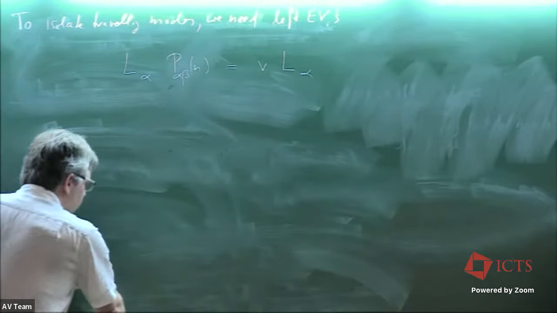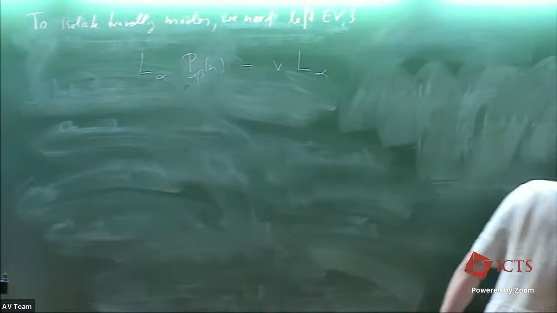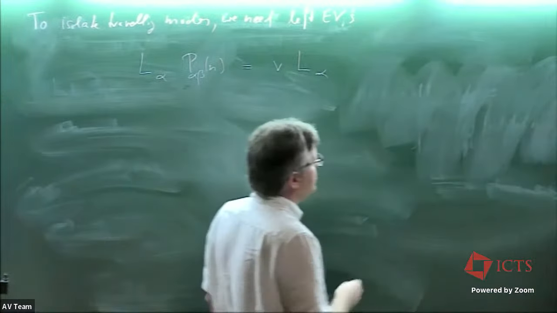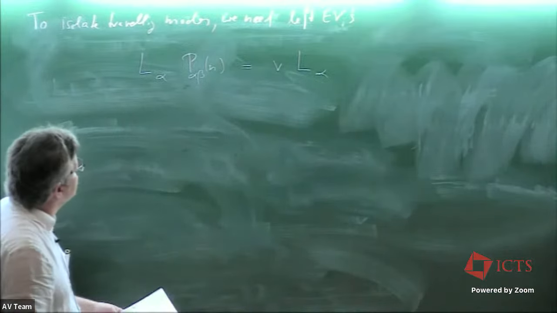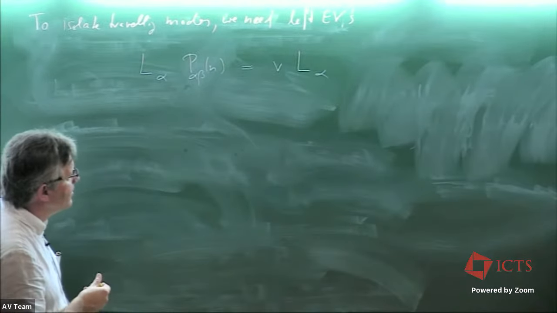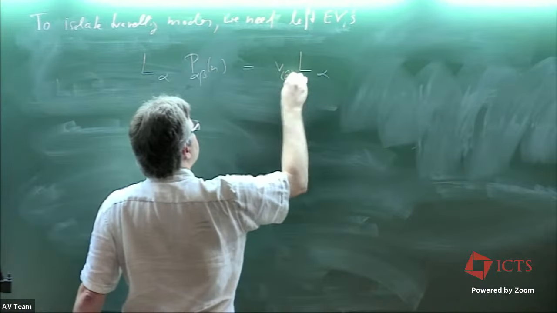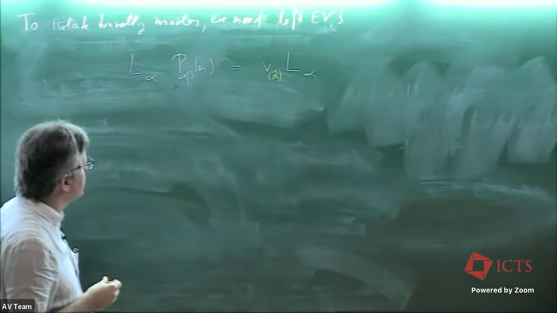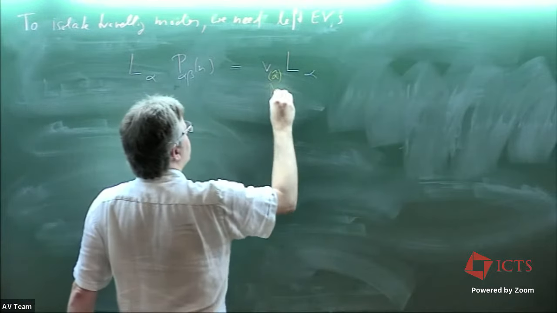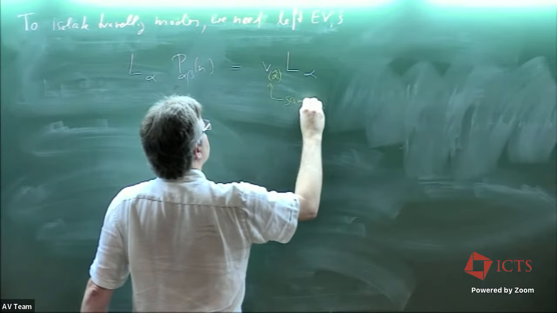It turns out that the left and the right eigenvectors share the same eigenvalues. So these eigenvalues, I'm still labeling them by alpha, are the same as for the right eigenvectors.